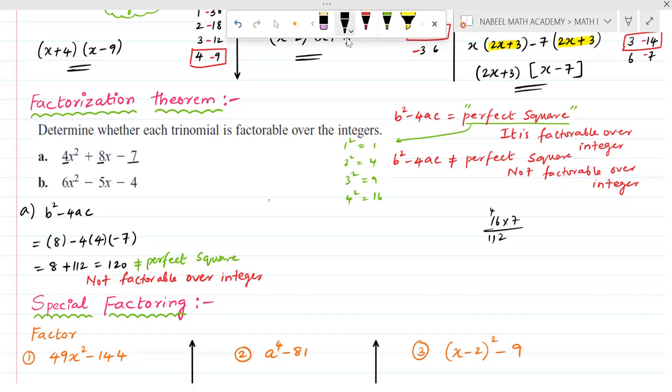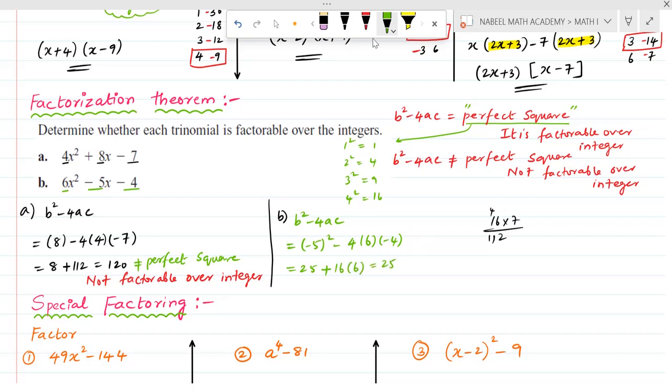Now let us go with another problem. Here you have a, b, c. So b square minus 4ac, same rule. So this is a, b is minus 5 and c is minus 4. So b square minus 4ac equals minus 5 whole square minus 4 into 6 into minus 4. So it is 25 minus of minus plus 16 into 6.